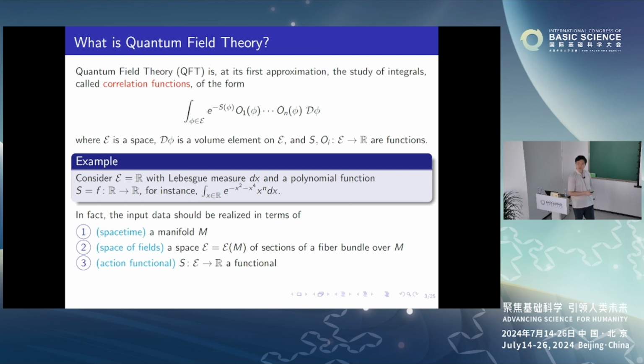Next, you consider a functional on your space of fields. So these are the input data, and somehow you care about this outcome, which is called the correlation function. These play a really important role in physics and also in mathematics. And if the space-time is d-dimensional, then it is called a d-dimensional QFT.